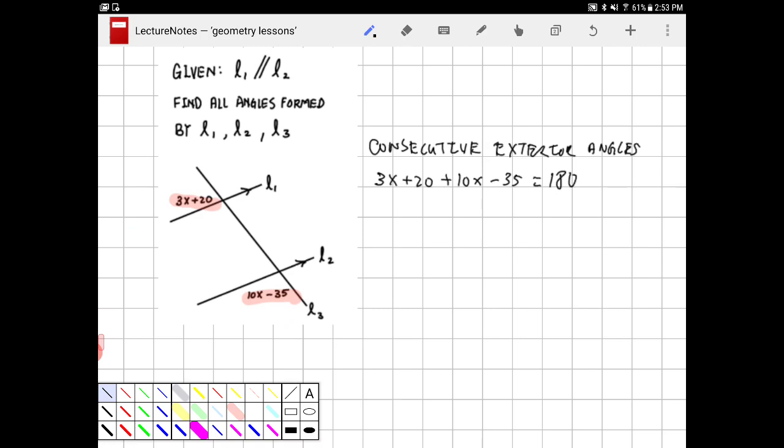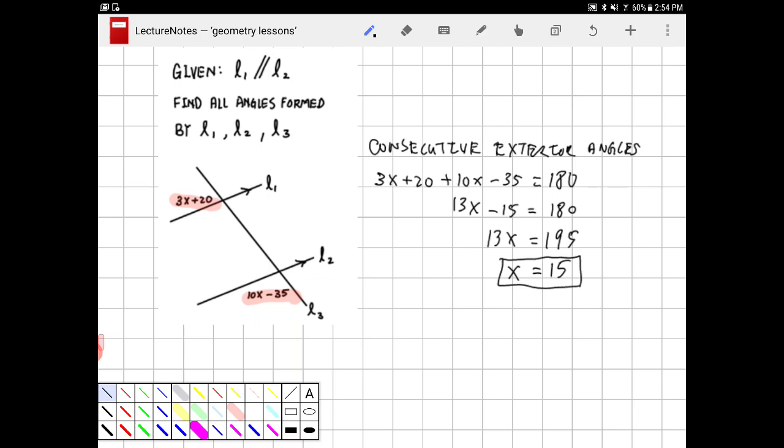Combining all the like terms, this is 13x minus 15 equals 180. Add 15 to both sides, and we end up with 13x equals 195. Then we divide both sides by 13, and we end up with 15.